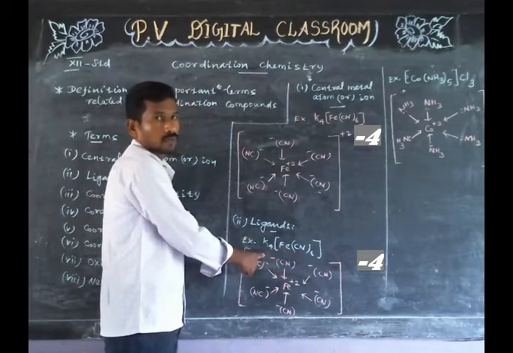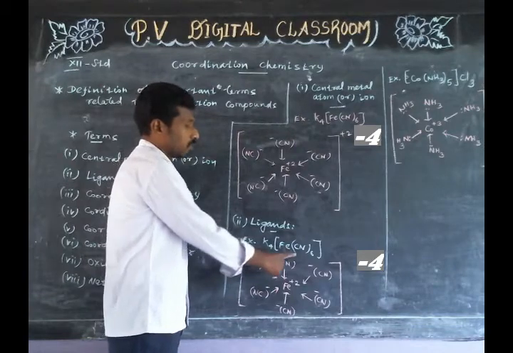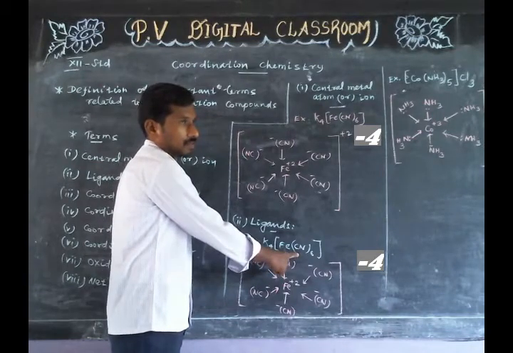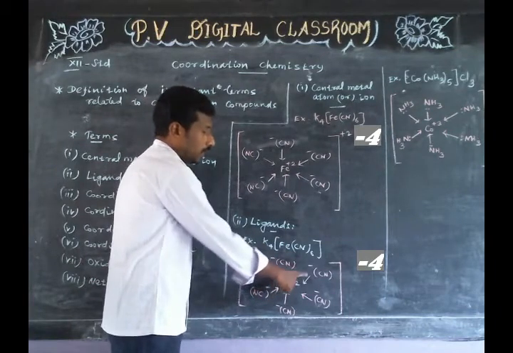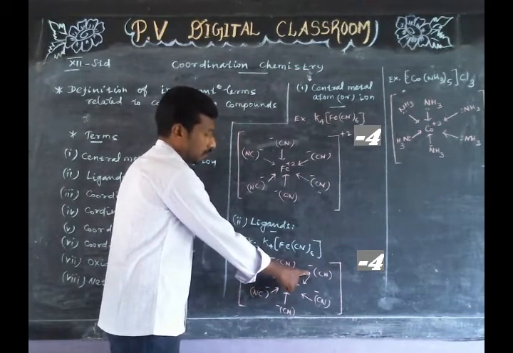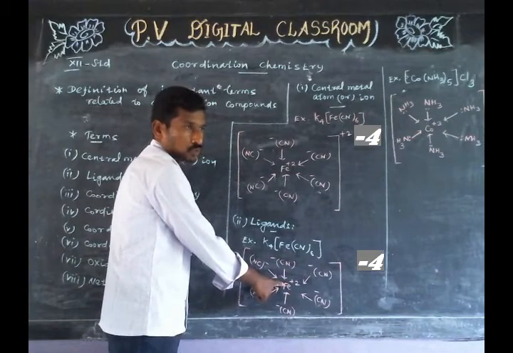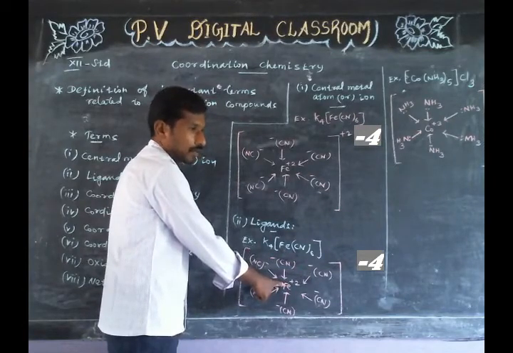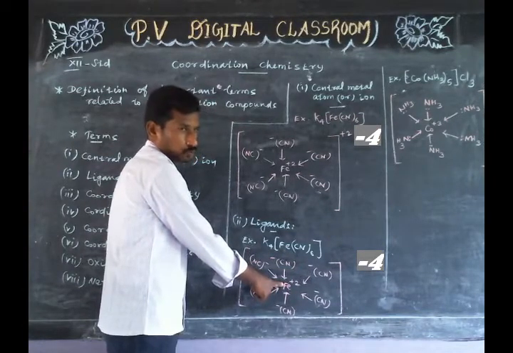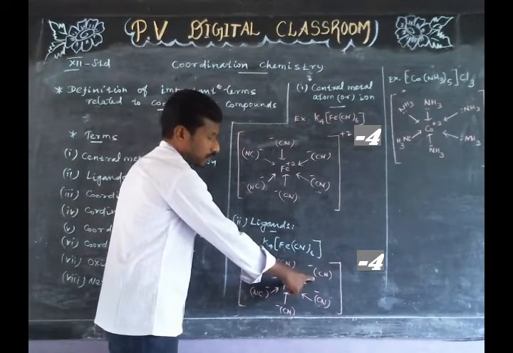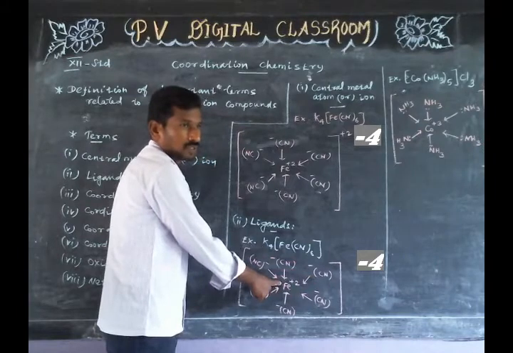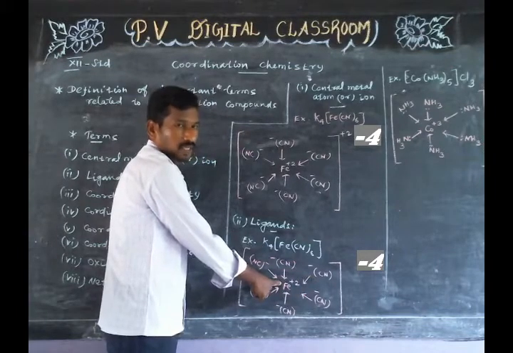In this compound, ligand is CN minus ion, since each CN minus ion is directly attached to the central metal ion, namely Fe+2, and each CN minus ion donates a pair of electrons to the central metal ion, namely Fe+2.